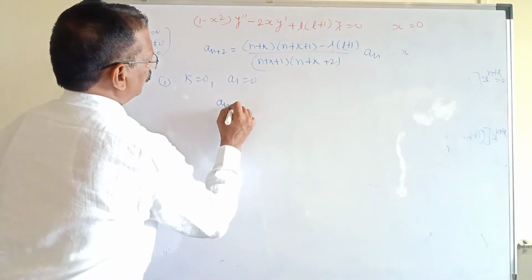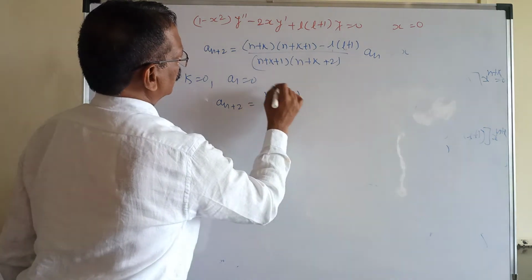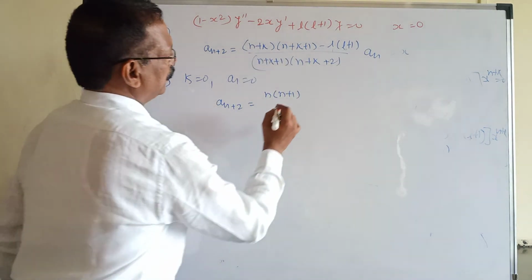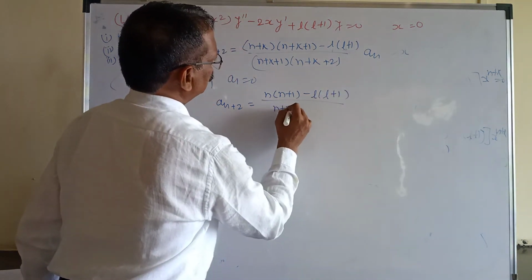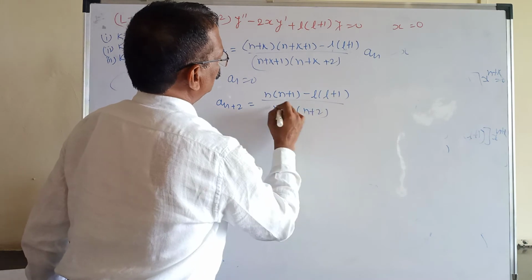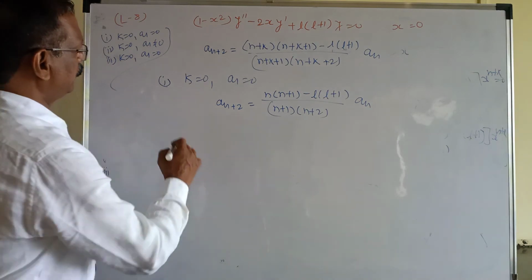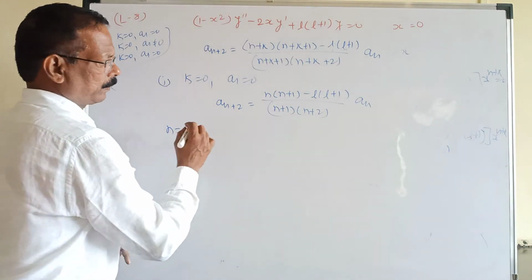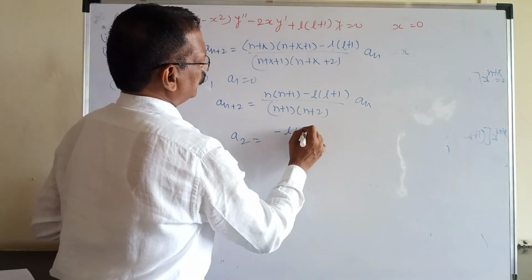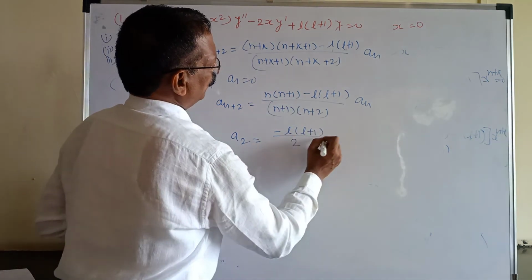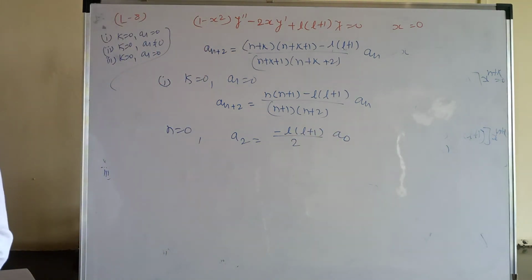We get a(n+2) is equal to n into (n+1) minus l into (l+1) divided by (n+1) into (n+2) into a(n). Now substitute n is equal to 0. We get a2 is equal to minus l into (l+1) divided by 2 into a0. We get this equation.